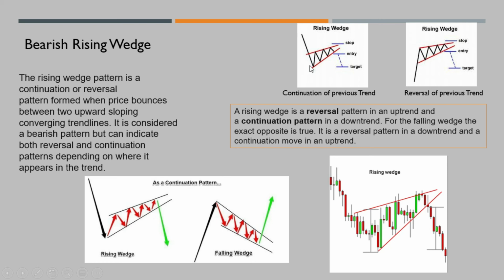So these are patterns that you're going to want to look at over and over and study, because these are going to come up while you're trading and you don't want to get confused and be like, you know what? This actually means it's going to break out to the upside because it's a rising wedge, but you don't know if it's going to be a reversal pattern or a continuation pattern, right? So this is something you want to look at very closely.